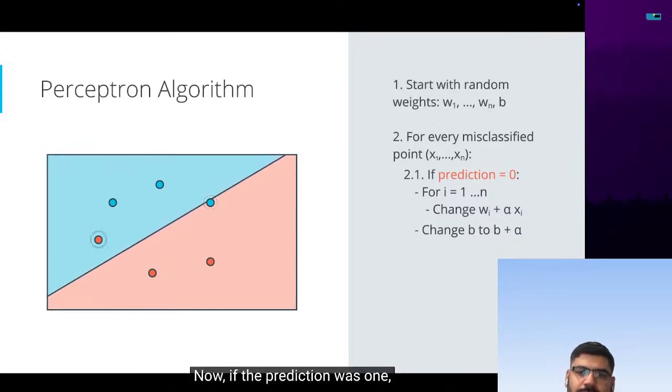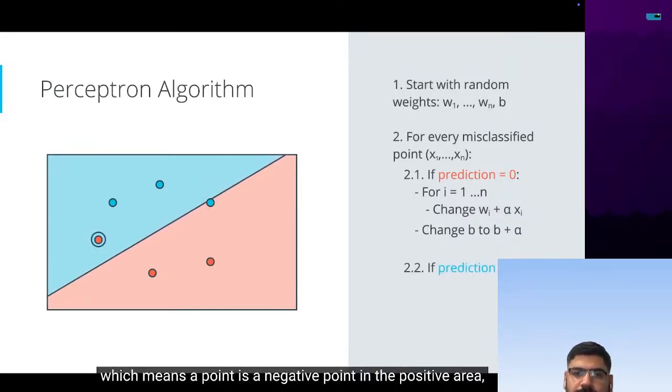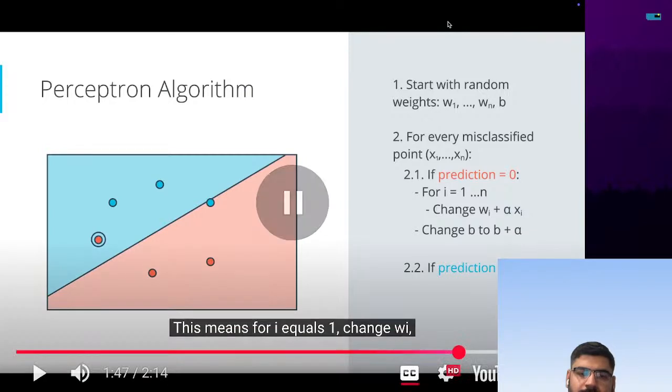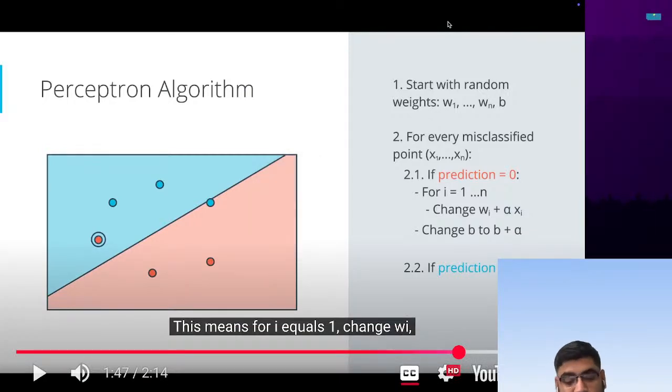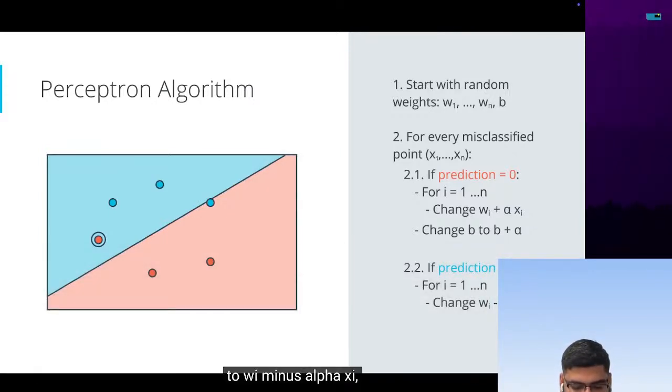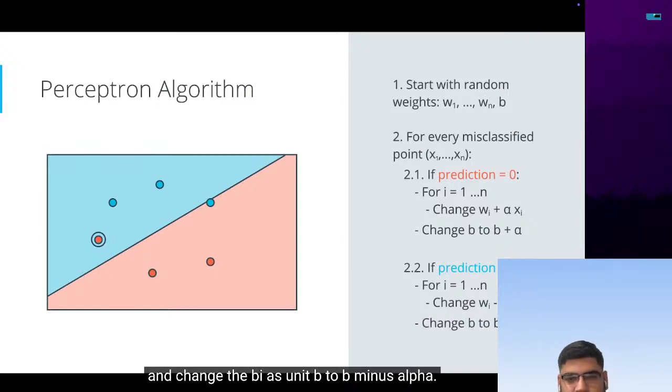Now if the prediction was 1, which means the point is a negative point in the positive area, then we'll update the weights in a similar way, except we subtract instead of adding. So basically, when the point is positive, you add; when the point is negative, you subtract. Remember, for i equals 1 to n, we change wi to wi minus alpha xi, and change the bias unit b to b minus alpha.